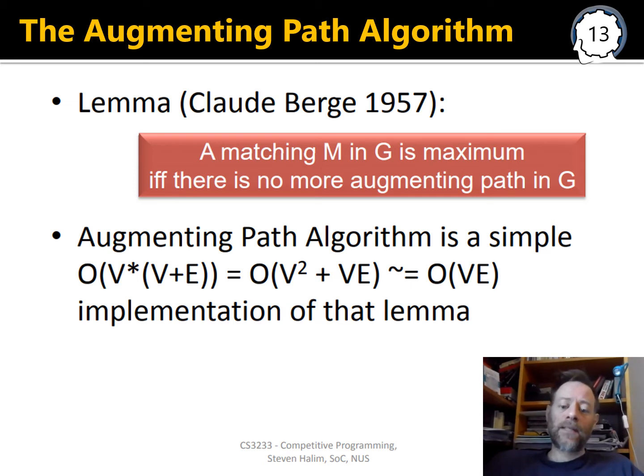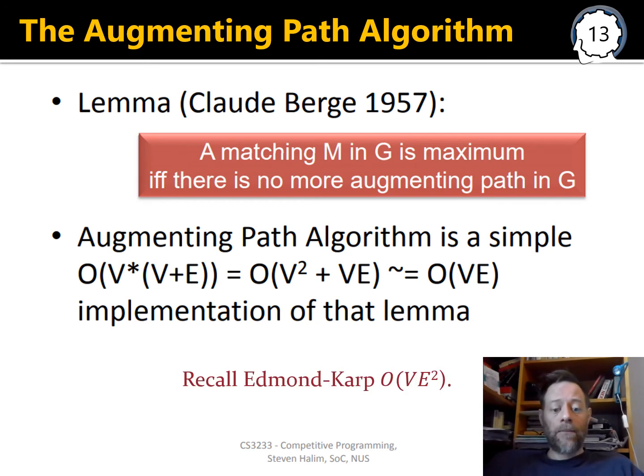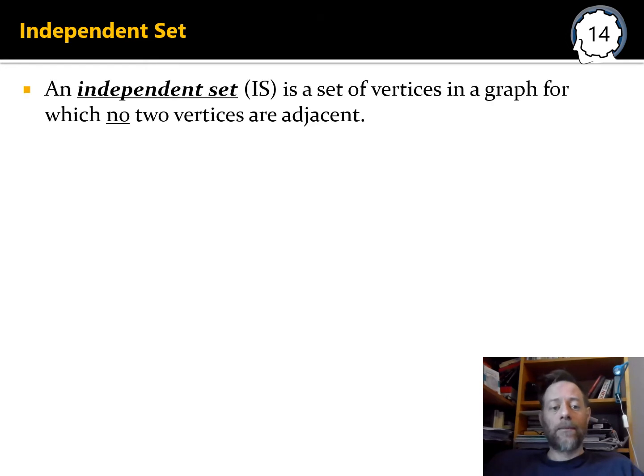And it has complexity order V times E to implement this. So actually this is of course related to the Edmonds-Karp for the maximum flow. So they are quite related. So that was a bit about this cardinality matching.